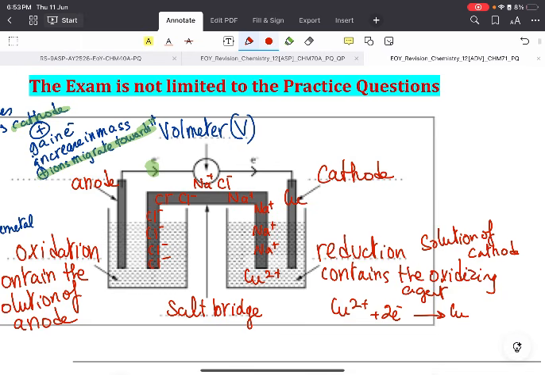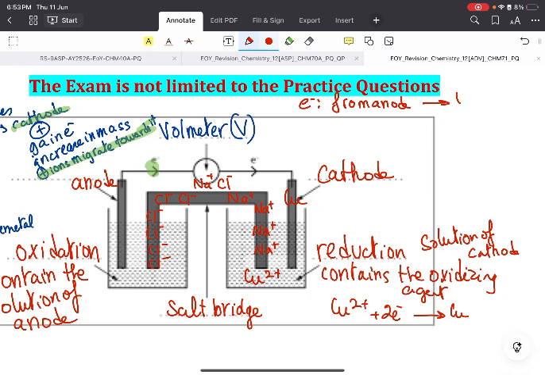Last thing, the transfer or the movement. Electrons, they move externally from anode to cathode, from the anode towards the cathode. Whereas the current, it moves also in the circuit, in the electric wire, and it goes from cathode to anode.